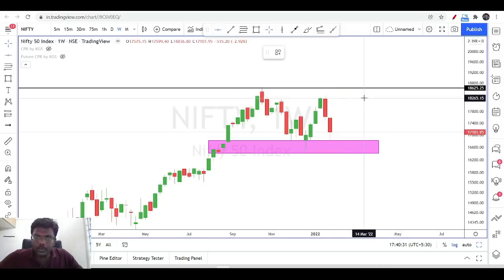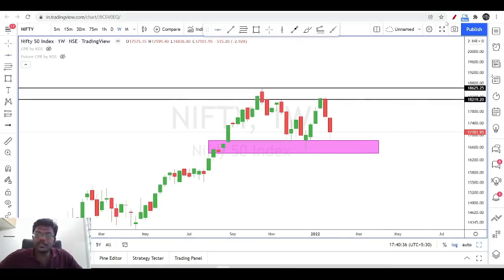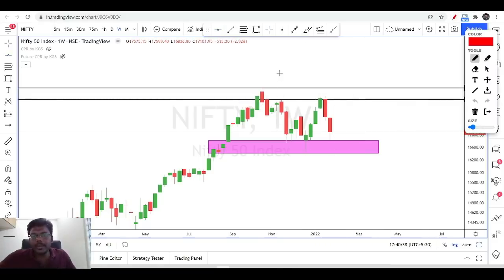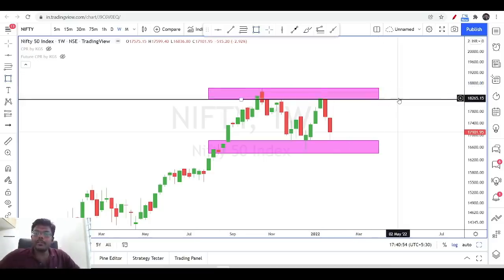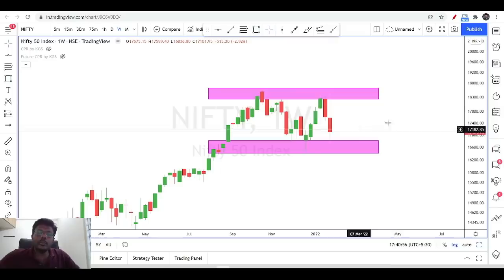Here I am going to draw another resistance level which satisfies the maximum candle upper wicks. This is candle 1, this is candle 2 and candle 3. So here I have drawn two resistance levels. Now I am going to draw a zone combining these two levels and delete my resistance level. So this is the resistance zone and support zone for Nifty.